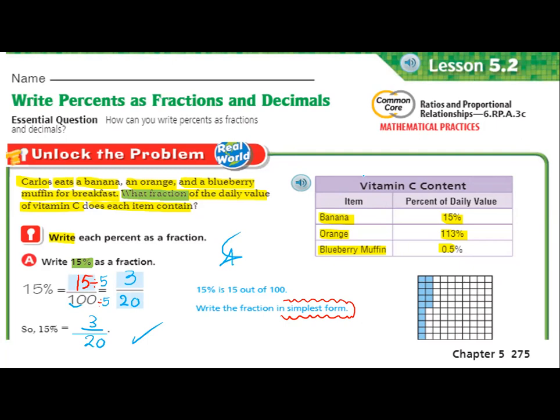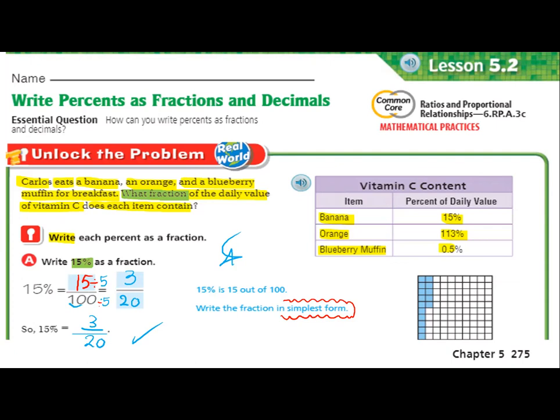Mr., can we divide by 3? Look, ask yourself, is 100 divisible by 3?